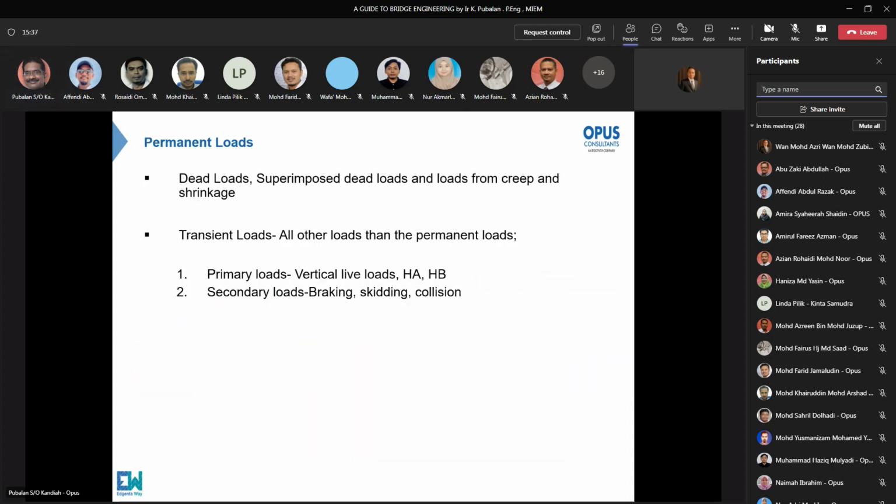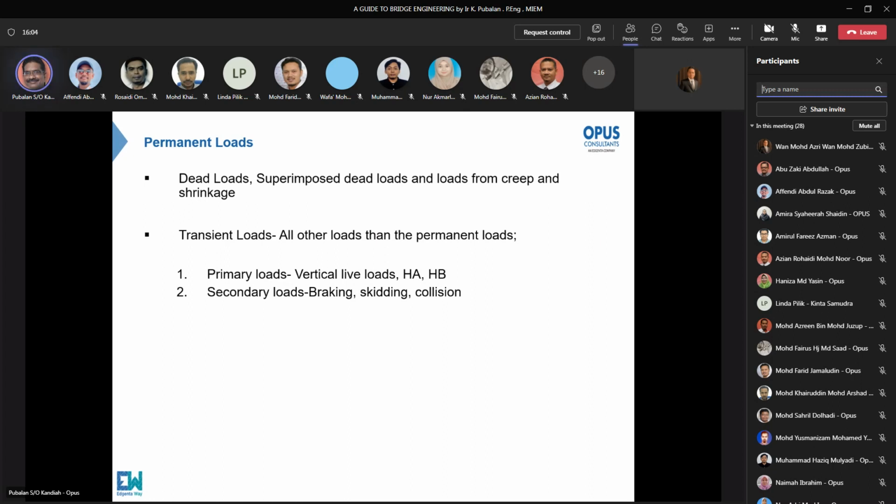Now, what is permanent loads? Dead loads, superimposed dead loads. So dead load is normally noted as DL. Superimposed dead loads is noted as SDL. And loads from creep. So dead loads is the weight of the structure itself. Your superimposed dead load is like your asphalt layer, your parapet railing.